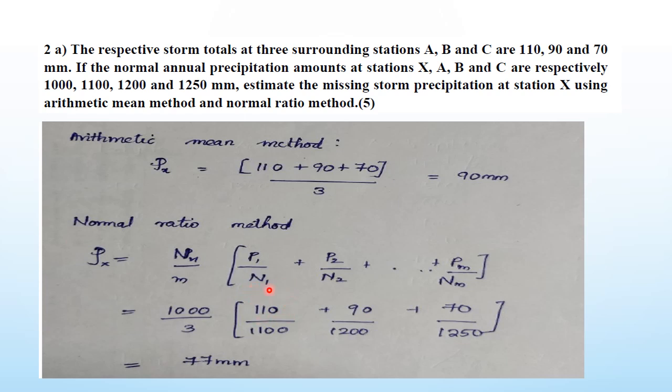So the precipitation of A divided by the normal annual rainfall of A, that is 110. Like that you can do this, sum up all of these and divide by 3 into 1000. So you take this Nx to the RHS and the only unknown will be Px. So that is the answer, 77 mm.